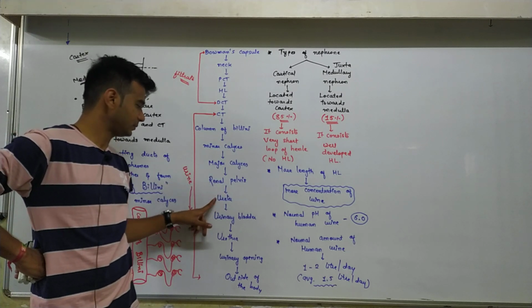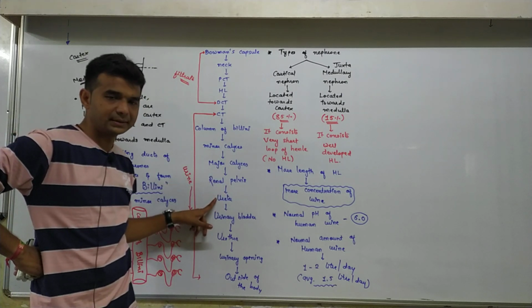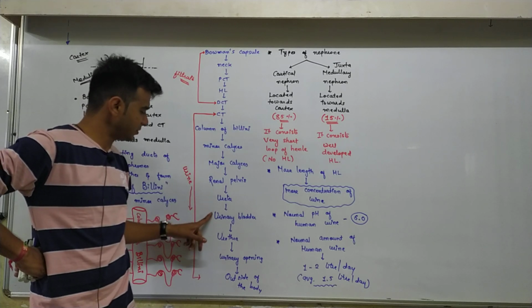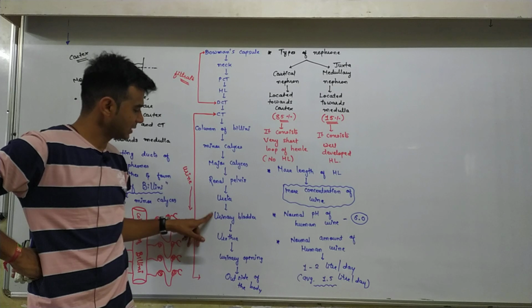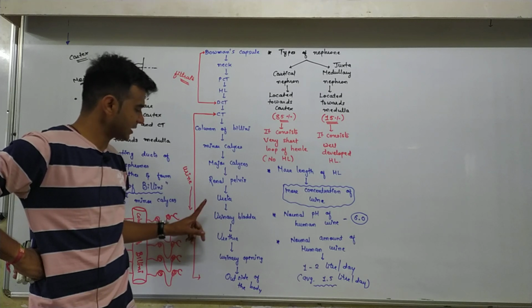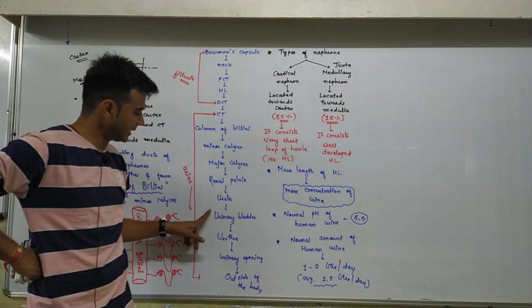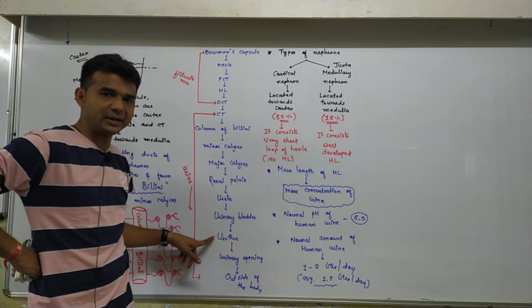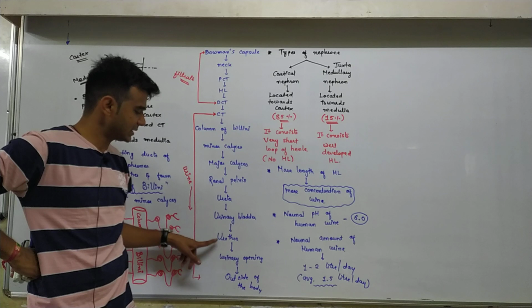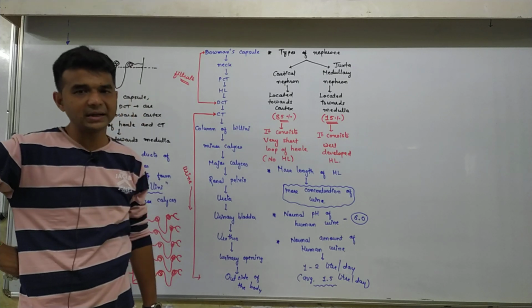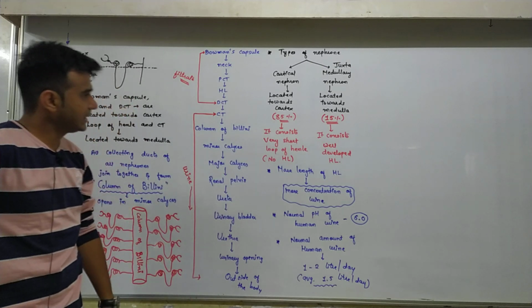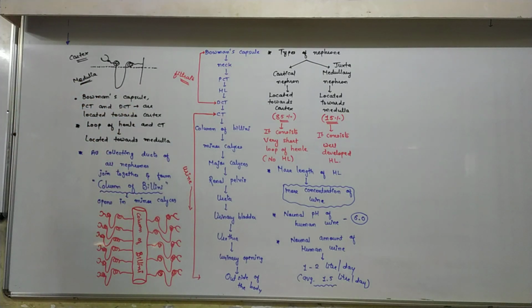Now the ureter transfers the urine from the kidney to the urinary bladder. In the urinary bladder, the urine is accumulated and then by contraction it is sent to the urethra and then excreted outside of the body. So, for understanding the whole chapter, you have to remember this chart.